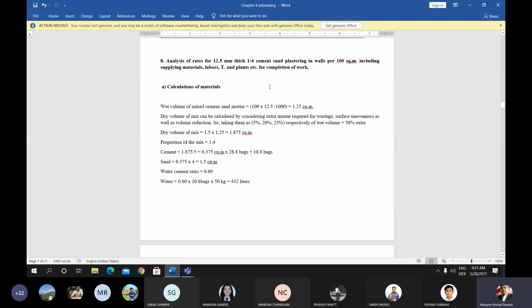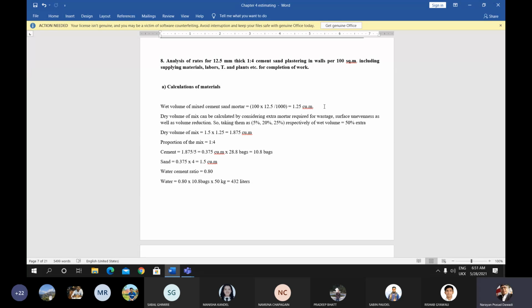Now for dry volume, we generally consider 55% extra or 50% extra, because 5% is considered for the loss, 20% is considered for the uneven surface to make it even and smooth, and 25% is considered for the volume reduction.